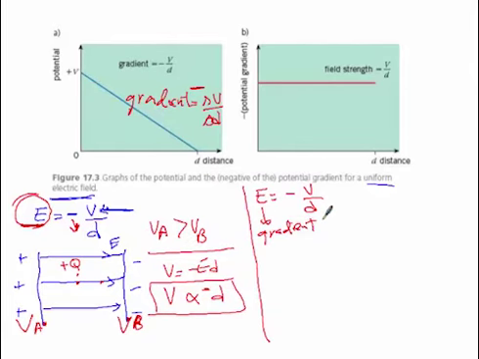And this is a very important point here. The gradient or the slope is E, but we have to consider the minus sign. So now this means that E equal to minus V over D, and E equal to minus the gradient of potential.